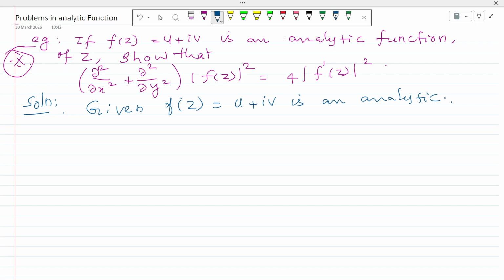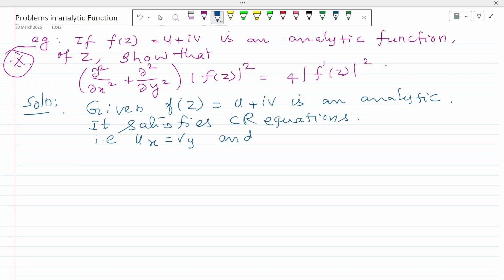Of course we know that it satisfies CR equations. That is ux equal to vy and uy equal to minus vx.